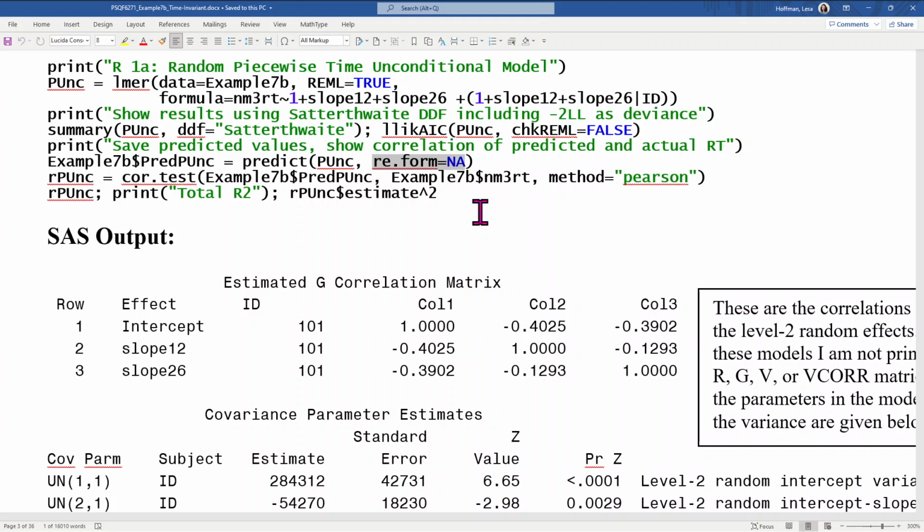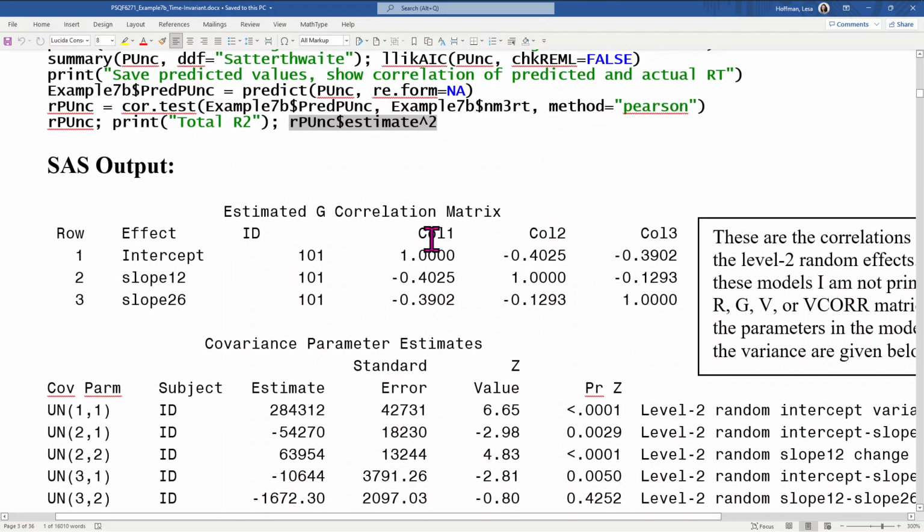So the predicted column is going to be based on the fixed effects only. That column is called pred_p_unc. So then I'm using cor.test to correlate that column with the real outcome, Pearson correlation, then displaying that R, and then asking for the squared version of that R, which will be the total R-square.